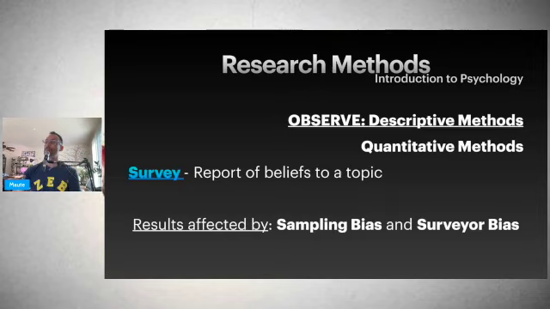Once we move to quantitative methods, we can start doing things like, well, we can send out a survey. And based on the questions that are asked and the answers that are provided, you can describe how a population feels about certain topics. So one way to avoid the problems that I just talked about with the observational methods is to collect data on an instrument that is both reliable and valid.